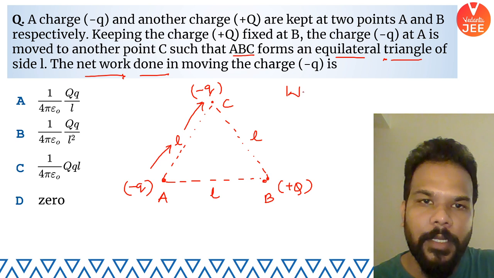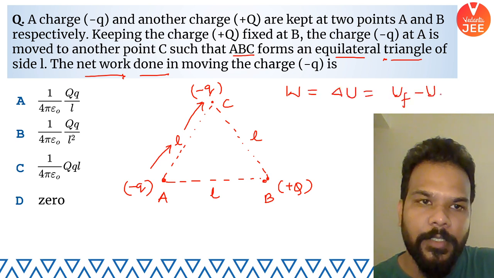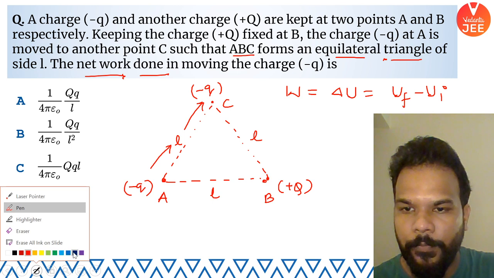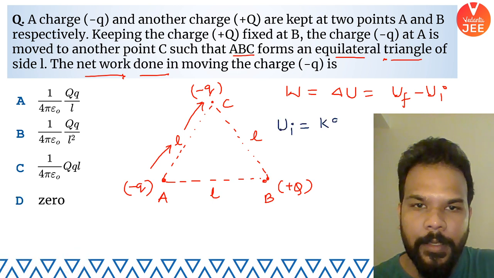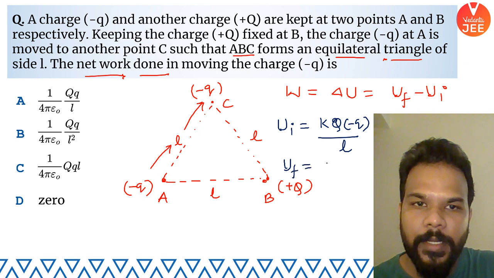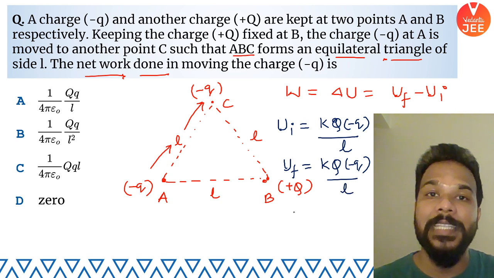So obviously the work done is nothing but the change in potential energy, which is U final minus U initial. If we look at U initial and U final, let's see what do we get. So U initial is K capital Q small minus q by L, and if you look at U final, they are still at a distance L, so K capital Q minus small q divided by L. What's the change that you see?